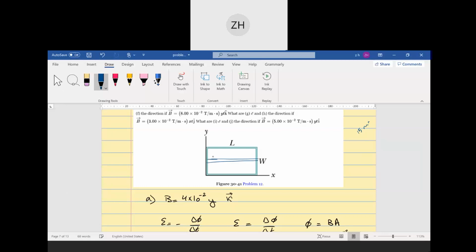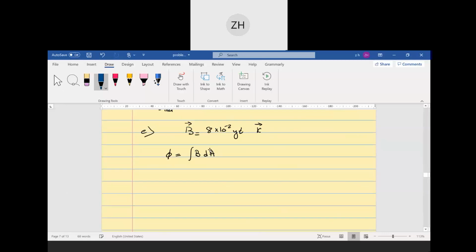So we take this horizontal strip of width dy and length L, and then we integrate over y. Consider a horizontal strip of area dA, which is equal to the length times dy. So we can now solve for phi.